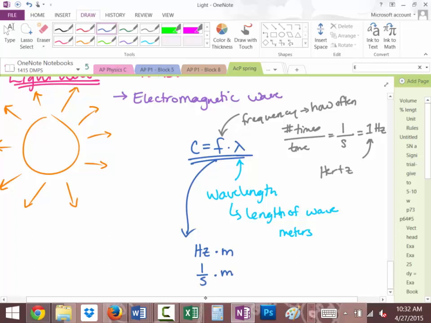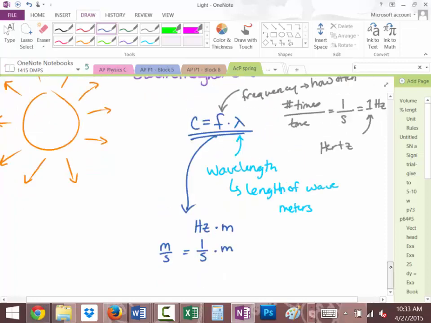So you've got meters on the top and seconds on the bottom, and together they give you meters per second. And that's just a velocity. Does that make sense? So that's where the velocity thing comes from.